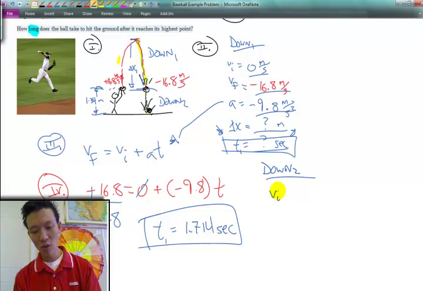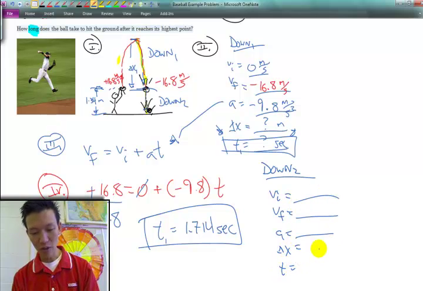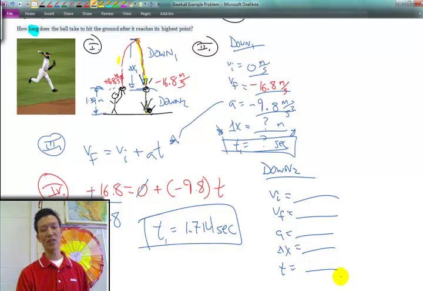So again, it's not too bad if we can just break it down. Let's break down all of our quantities: VI, VF, A, delta x, and time, okay? Here is where the pedal hits the metal. This is to see if you really understand. If I throw a ball up at 16.8 meters per second, it comes back to my hand at negative 16.8 meters per second, and then it's going to hit the ground. What should I call VI now?